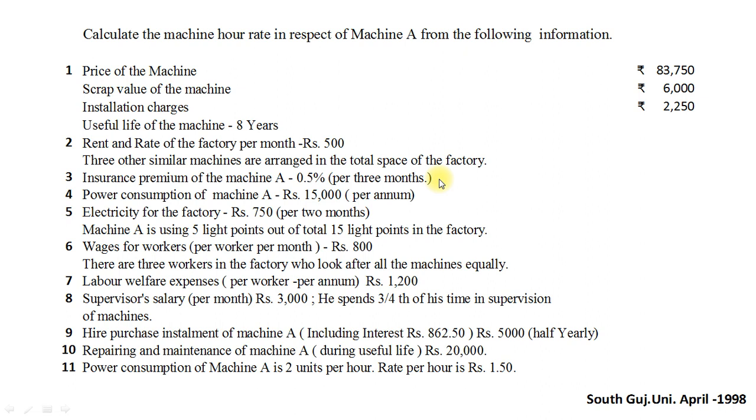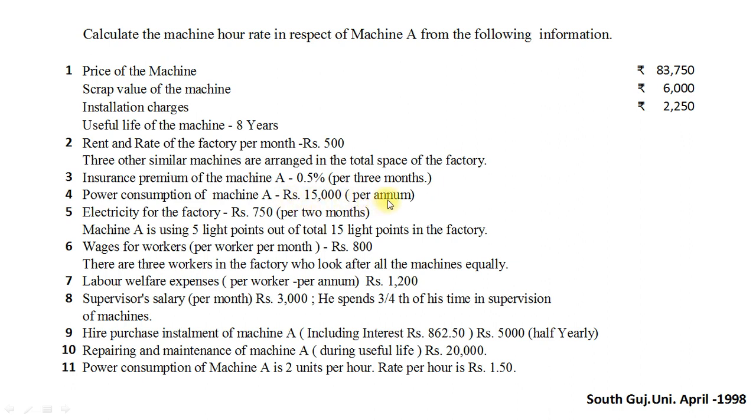Once again I repeat, 83,750 multiply 0.5 percentage multiply 4. Okay, it is something like this. So insurance premium of the machine rupees 1,675 per annum. Next, power consumption of machine A rupees 15,000 per annum.